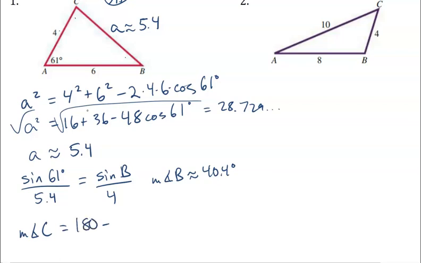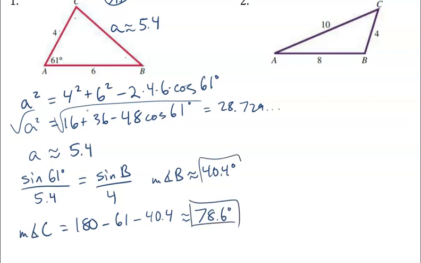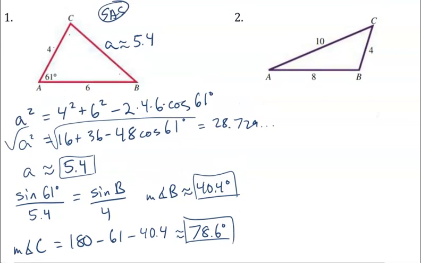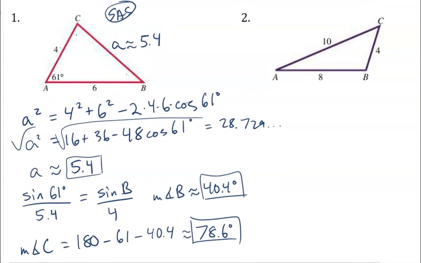So 180 minus 61 minus 40.4 comes out to be 78.6 degrees. So here's the measure of angle C, here's the measure of angle B, and here's the missing side length a.